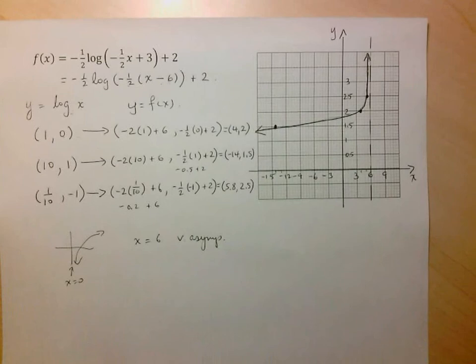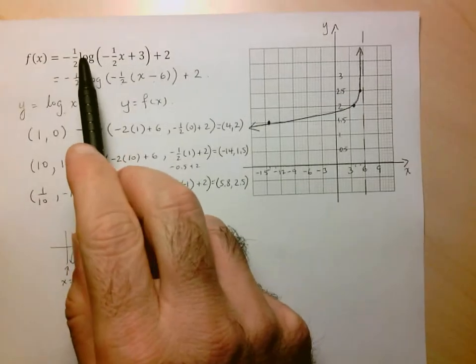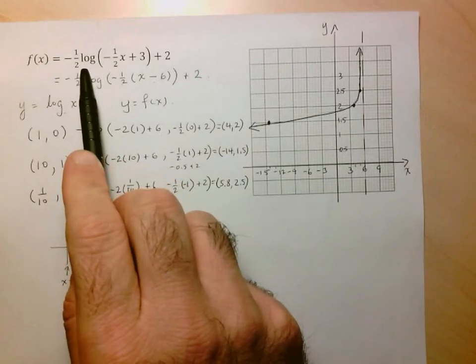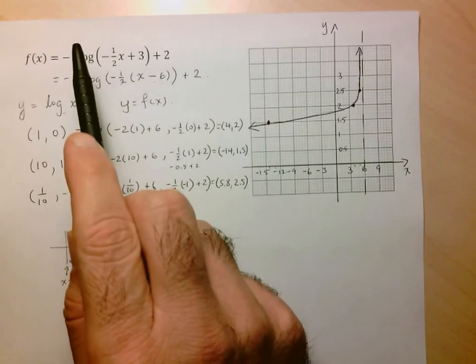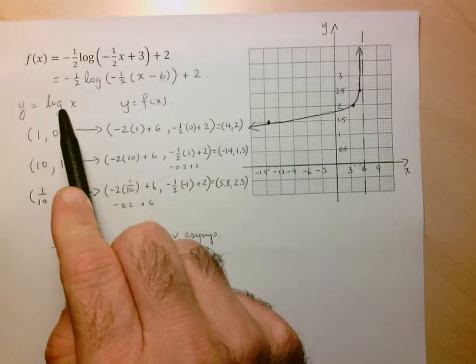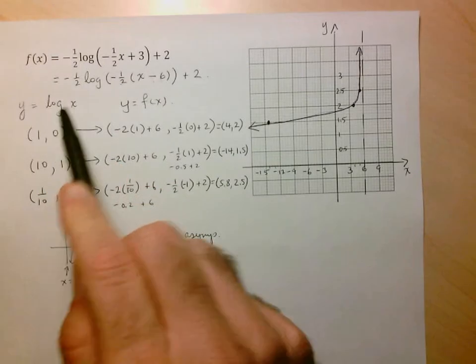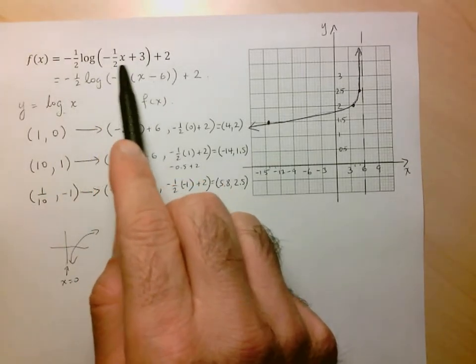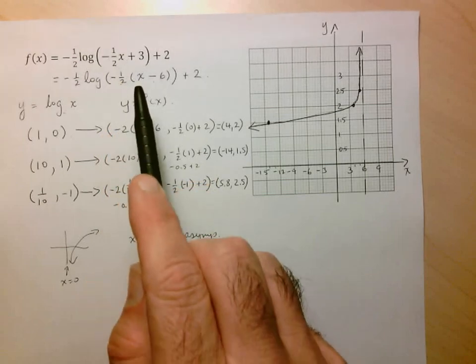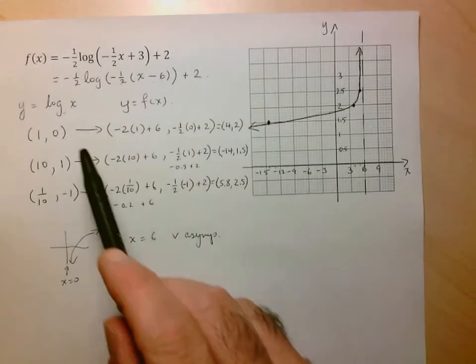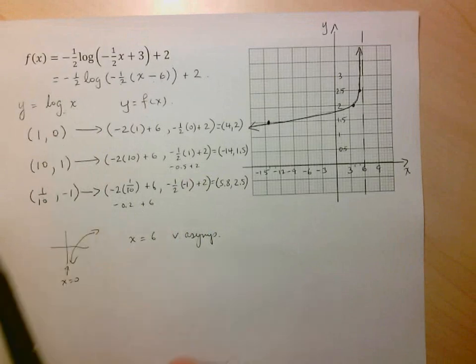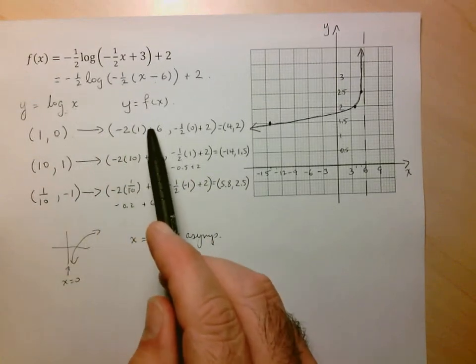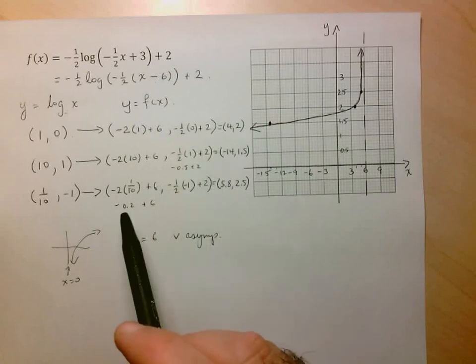So just a recap of what you're looking for. Anytime you get a function that looks like it should be viewed as the transformation of a simpler function, determine the parent, in this case here log base 10. Okay, before you move on, if the input is not factored, please make sure you factor it. And then once you've chosen your 3 representative points from your parent function, apply the transformations as they should be applied.